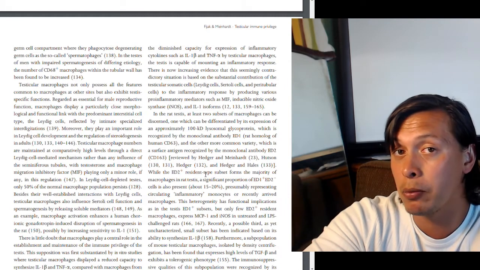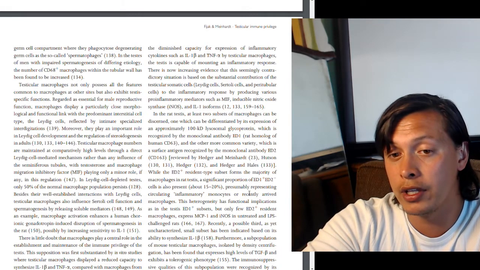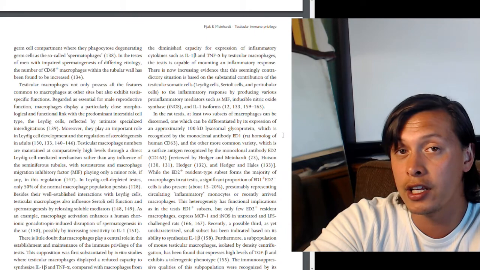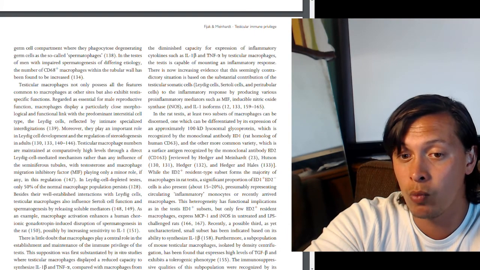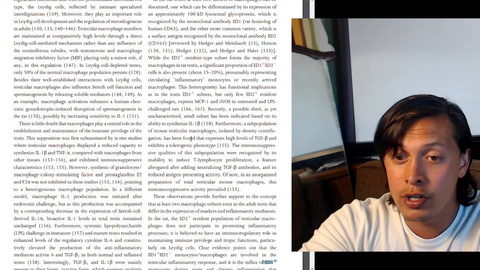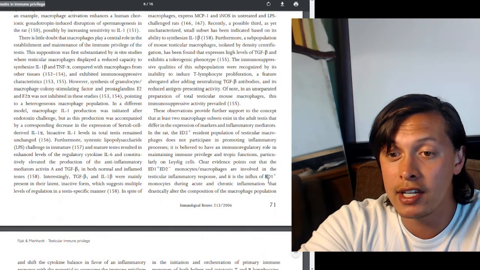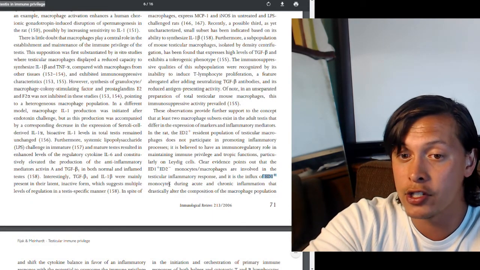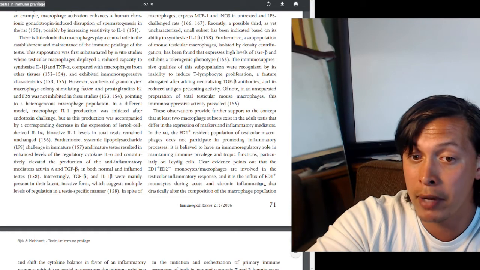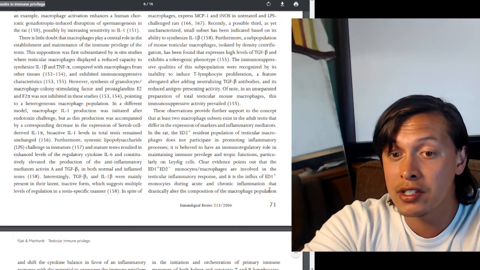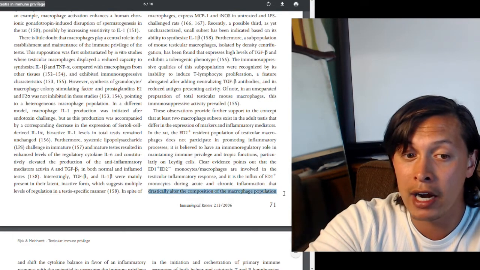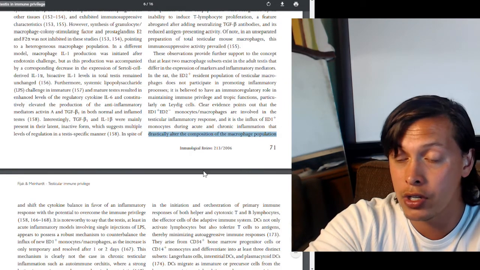They tend to be incapable of initiating the immune response as well. But you can have an influx of these ED1 positive monocytes during acute and chronic inflammation, and this will drastically alter the composition of the macrophage population.